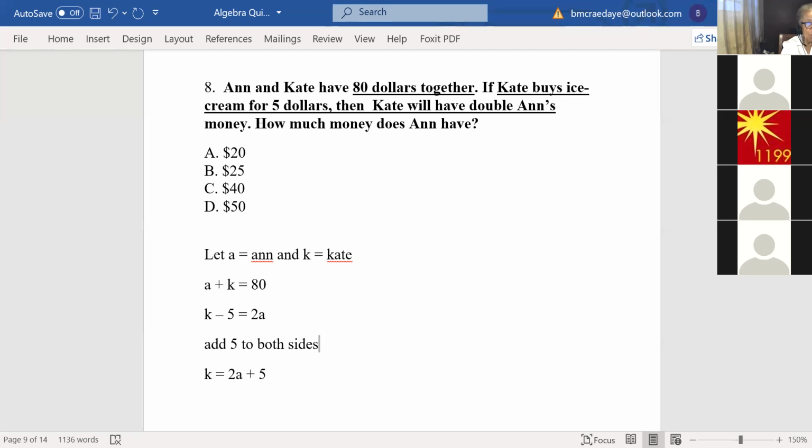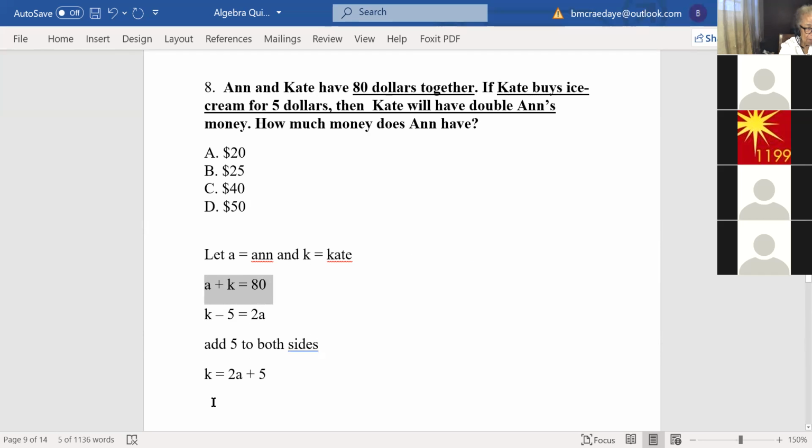But if you had to translate this into equations from what they gave you, together they had 80. Kate spent $5. And after she spent the $5 for the ice cream, she had double what Ann has, which is 2 times A. So I added 5 to both sides and I got K is equal to 2A plus 5.